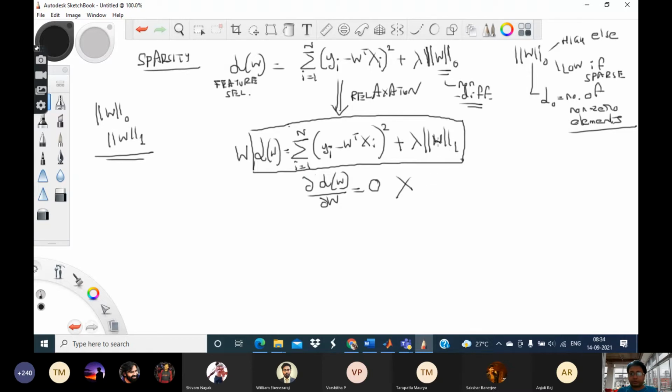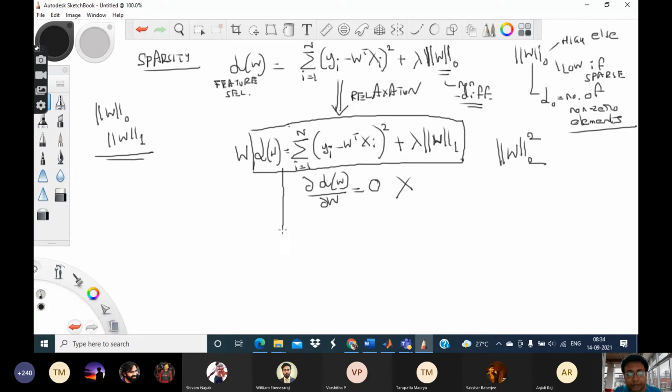Again I will run into trouble when I try to differentiate this quantity, just like I ran into trouble with the L2 norm, which is why I took it as a square. But in this case, taking the square also will not help. So it will be difficult for me to take the derivative and equate it to 0 and solve. This I will not do.